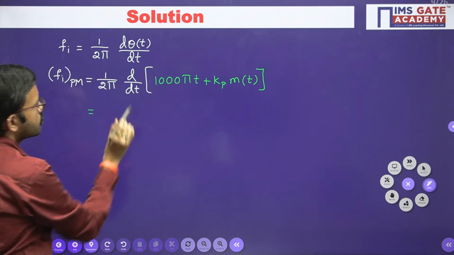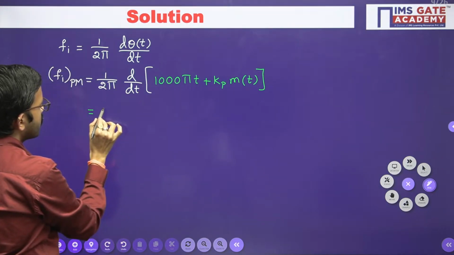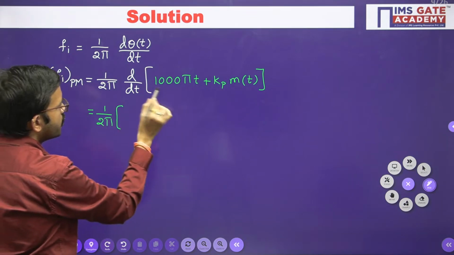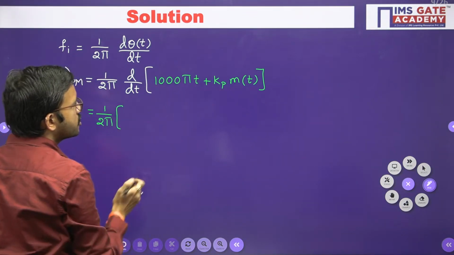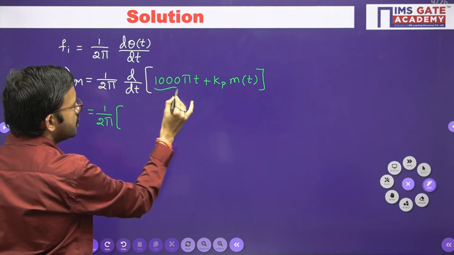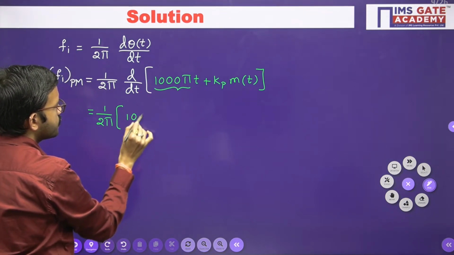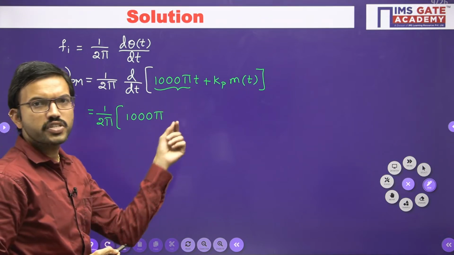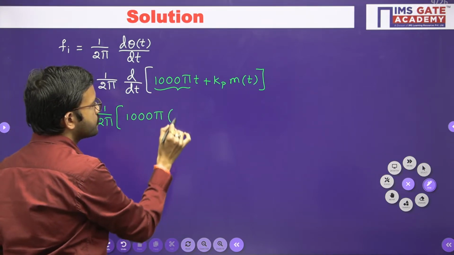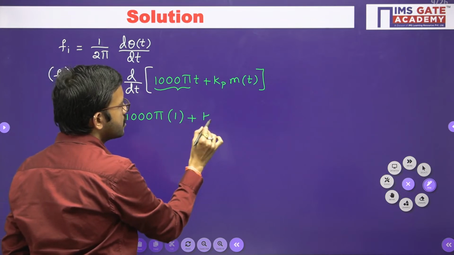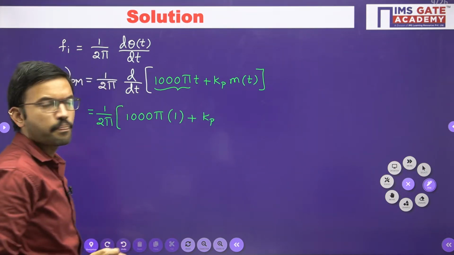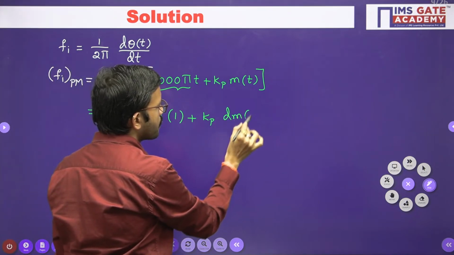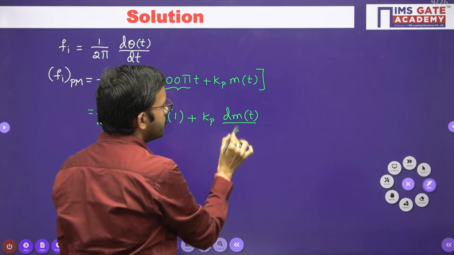Right, so here perform the differentiation. 1 by 2 pi I am keeping as it is. You can perform differentiation for both the terms individually. Here 1000 pi is the constant. Differentiation of t with respect to t you will get 1, right? Plus kp is the constant, we can keep as it is. Then differentiation of m of t with respect to t is dm of t divided by dt.